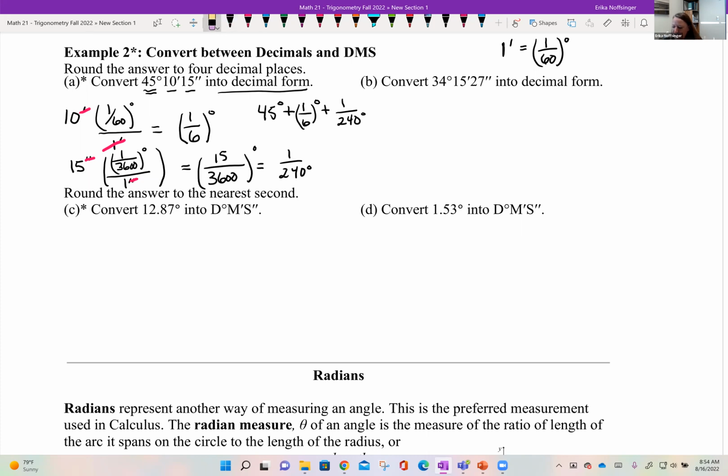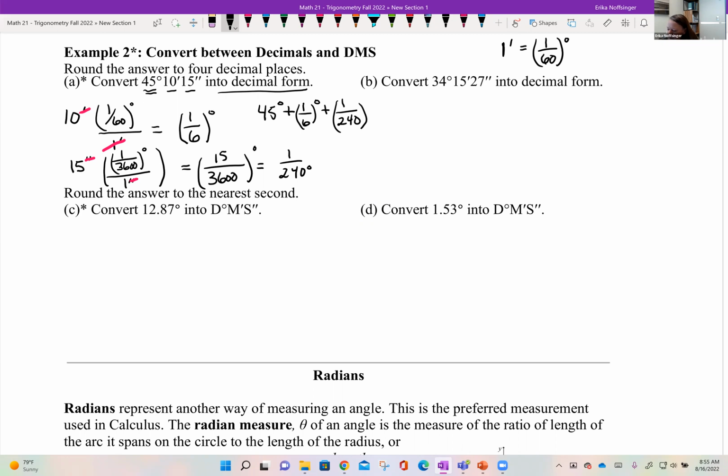So in order to add those fractions together, we need a common denominator. So getting our common denominator, I notice is 240. Let's just do it over here. We'll come back to this later.